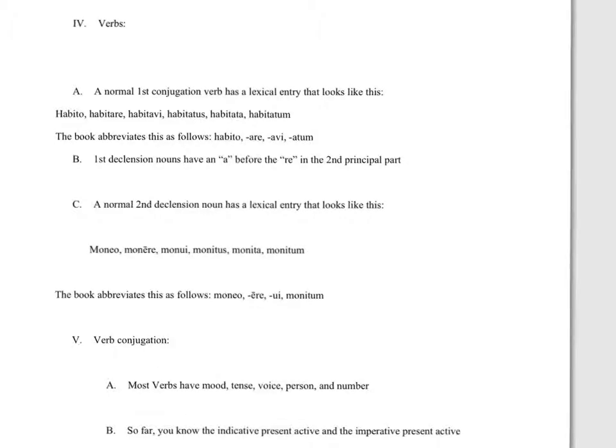So that's the gist for nouns and adjectives. Here's the summary in the big picture for verbs. Again, there are 5 types, and the first type that you would start with logically is the first conjugation. Like nouns and adjectives, there's a regular lexical entry for a normal first conjugation verb. You'll find out later that there are some irregularities.